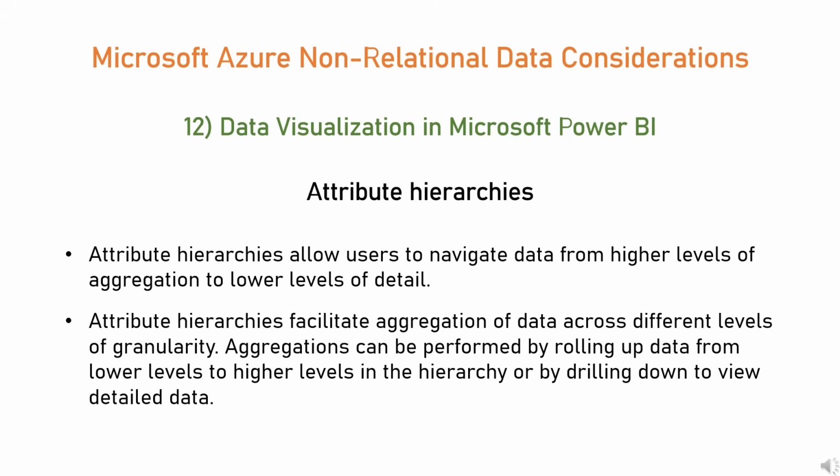Attribute hierarchies allow users to navigate data from higher levels of aggregation to lower levels of detail. Attribute hierarchies facilitate aggregation of data across different levels of granularity. Aggregations can be performed by rolling up data from lower levels to higher levels in the hierarchy or by drilling down to view detailed data.